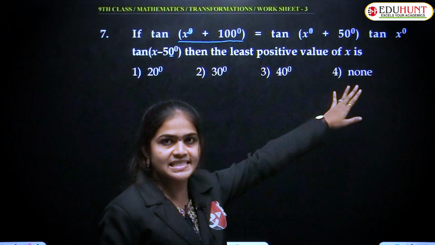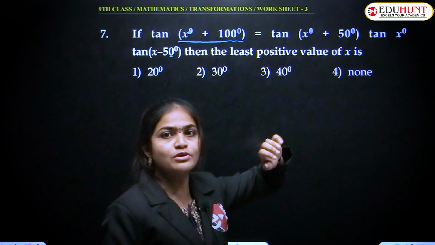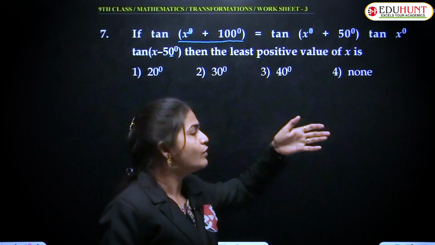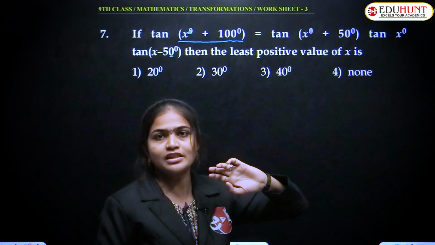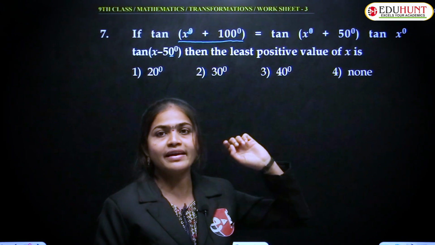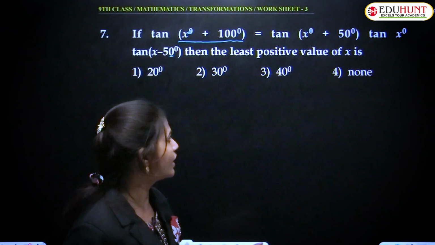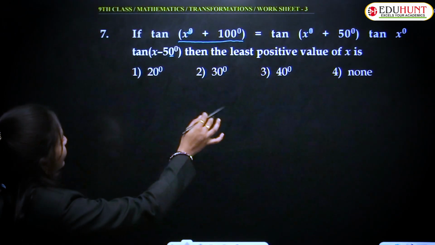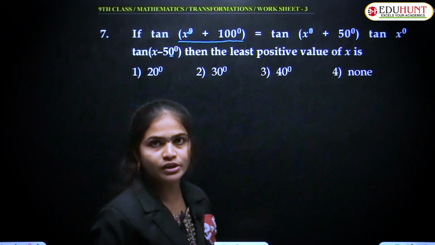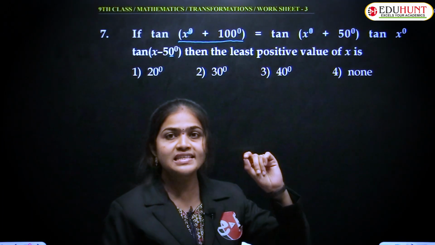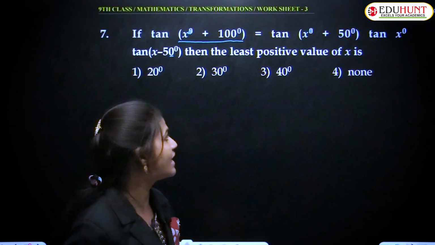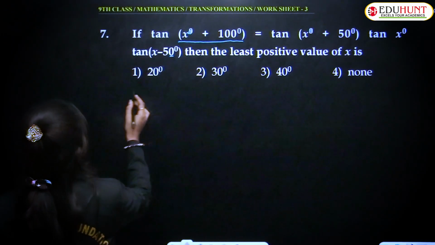What is the least value? Some other values also satisfy, because in trigonometric ratios at one positive angle and a negative angle we also have the same values. Okay, so in what case will the given equation be satisfied? What is the least positive value they are asking? Okay, so let us see that.